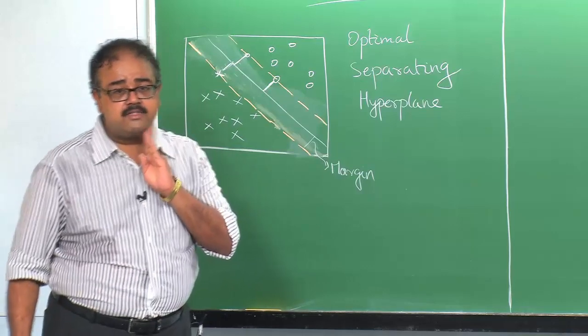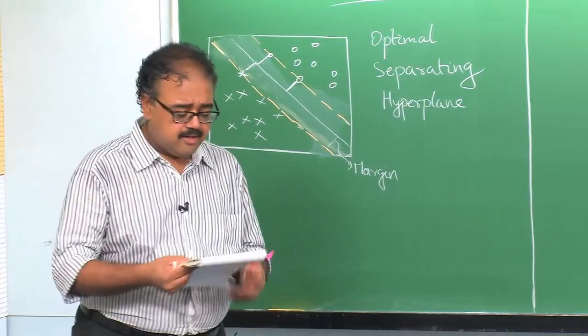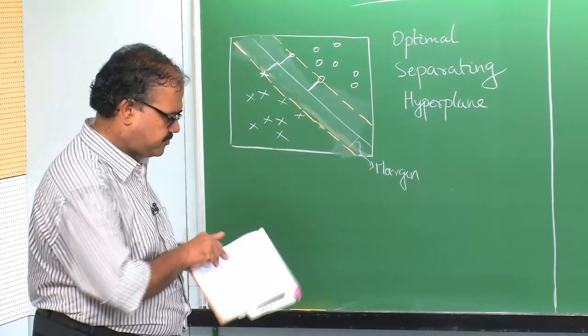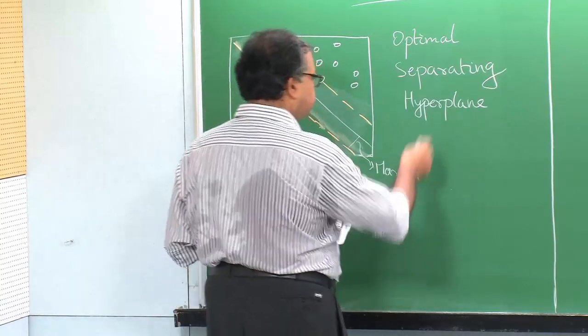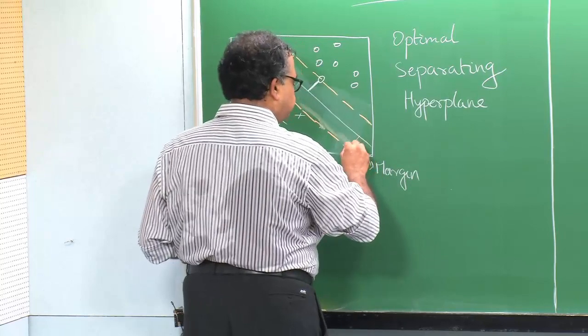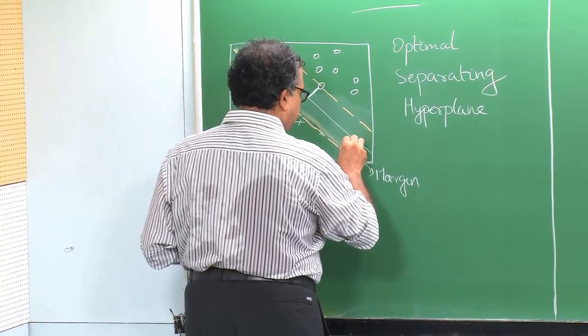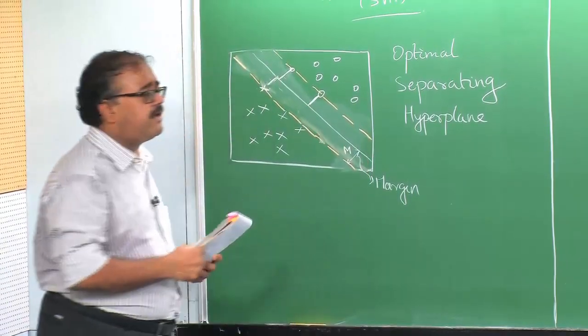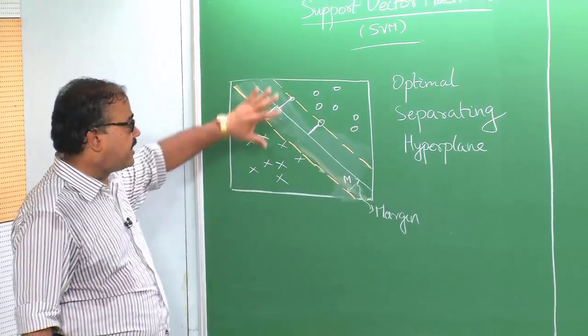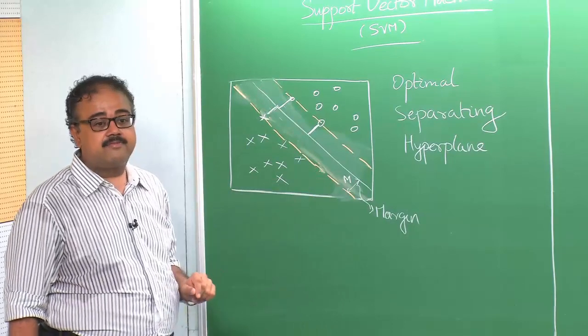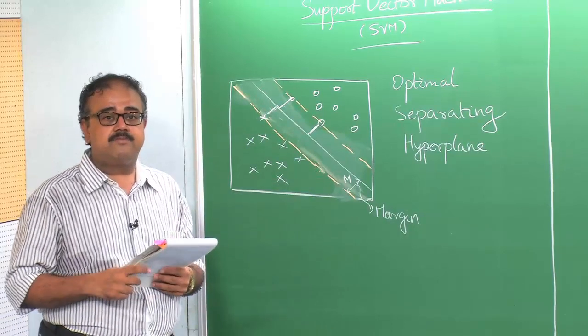It is known as the margin of the classifier, which we will denote by m. So, the goal of finding an optimal separating hyperplane is essentially to find a classifier such that this margin m is as large as possible.